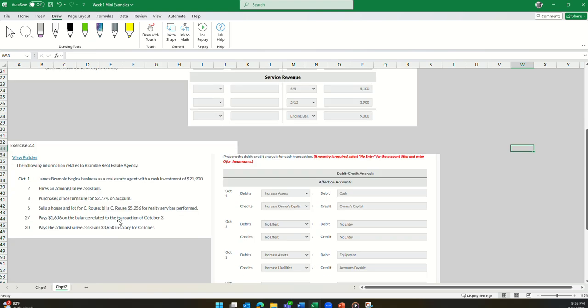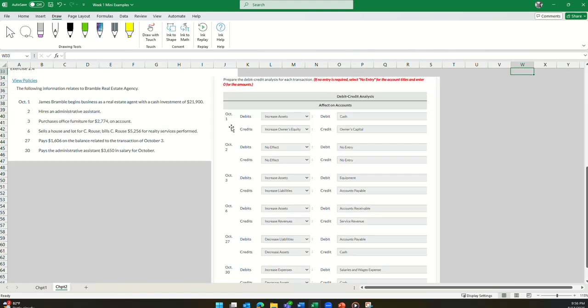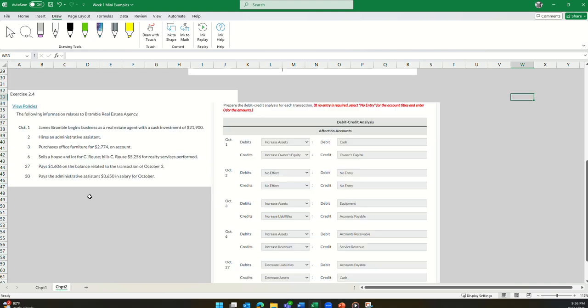Another example you're going to see, and it's filled out for us already here. In exercise 2.4, the following information is related to this real estate agency. On October 1st, Mr. Bramble begins a business as a real estate agent with cash investments of 21,900. What does it look like when somebody puts a cash investment into a new business?